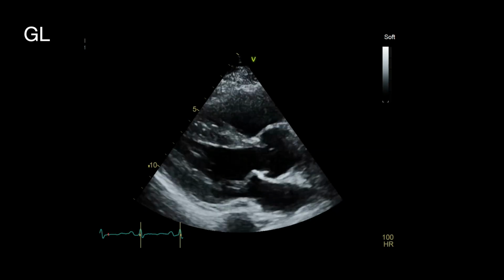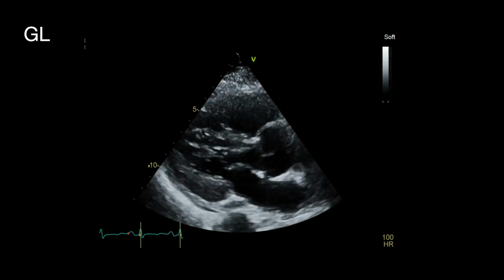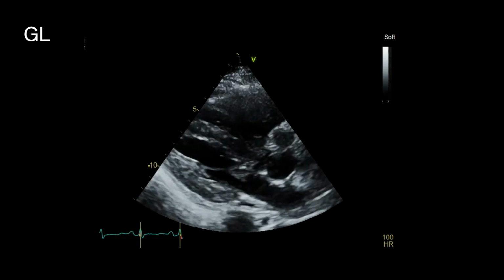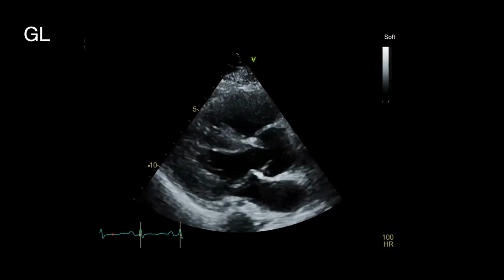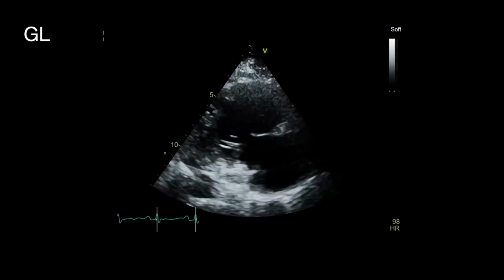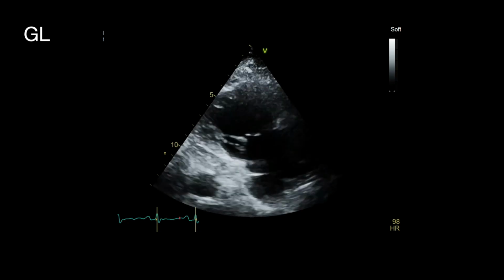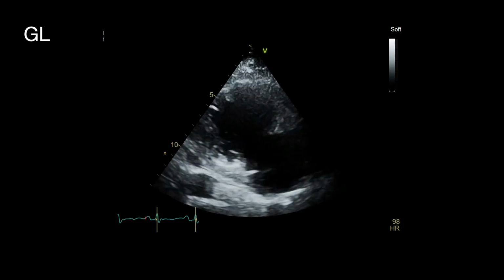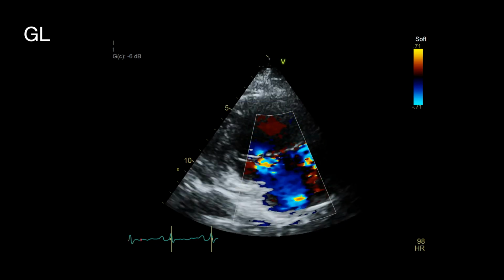So again, in the parasternal long axis view, a thickened LV, which appears to be contracting normally. RV inflow with the tricuspid valve in the middle there, and colour over the tricuspid valve demonstrating TR.